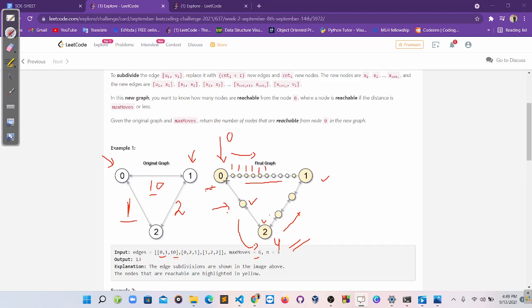So if from 0 to 2 we take 2 moves, the remaining moves are 4. So we can explore this edge because this one is not explored till now. One more thing we can grab from this: at a time we can only visit a node once. We can't visit a node again and again.